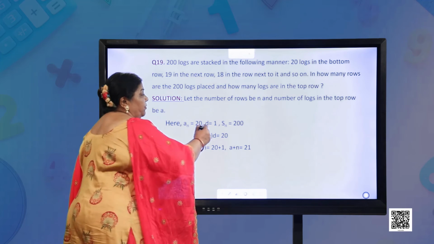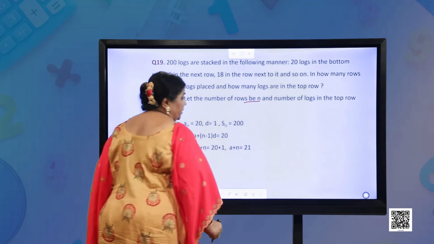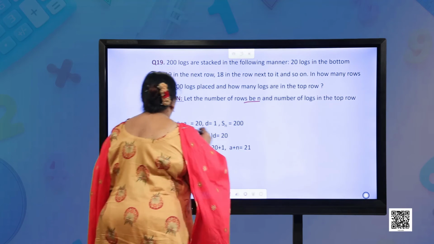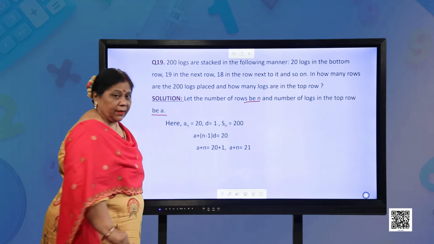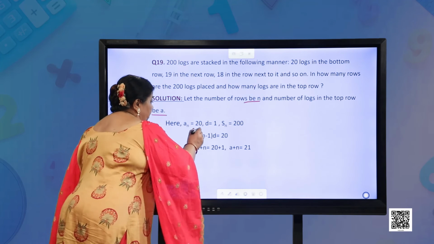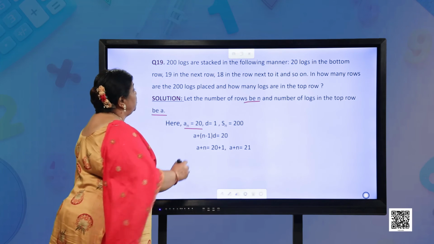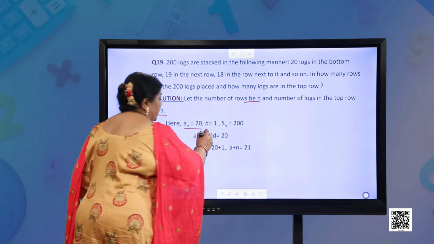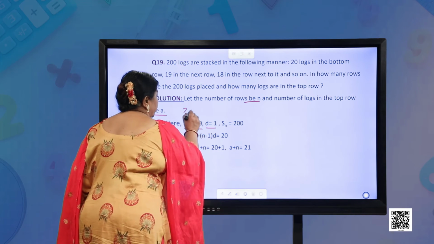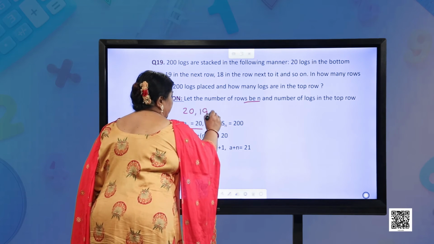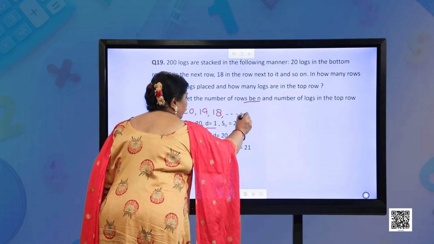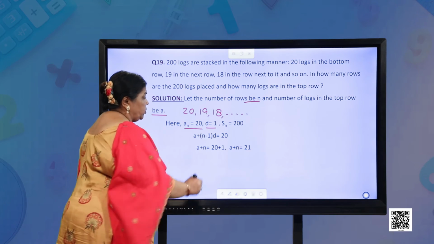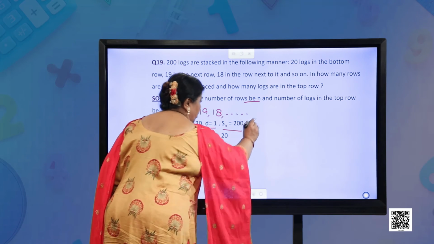So, let the number of rows be n and the number of logs in the top row be a. So, let a n be 20 because it is given to us that there are 20 logs in the bottom row, and d is 1. How? See 20, 19, 18, this is the order given to us. Okay. And the total logs we know is 200.